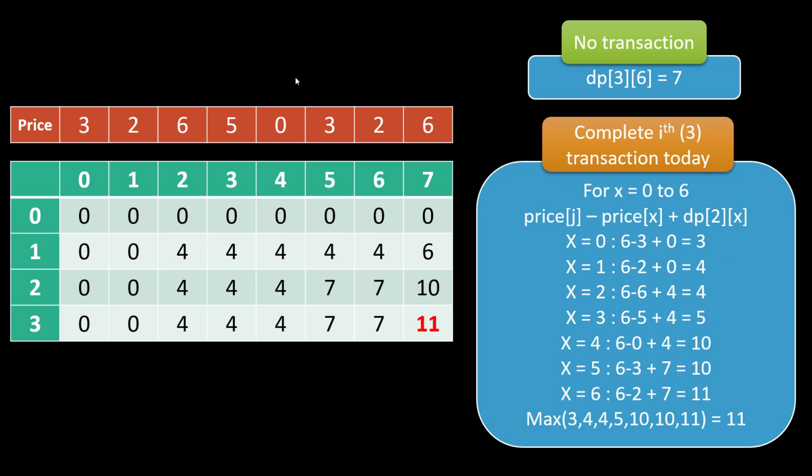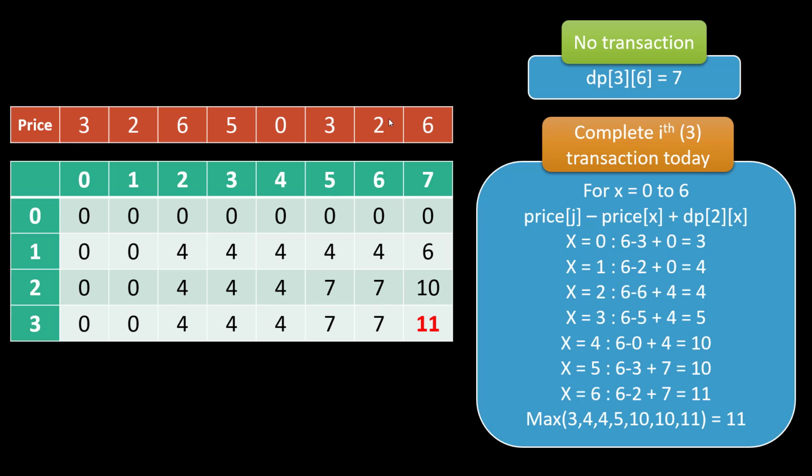Moving ahead, for day 4 I am buying at 0, selling at 6, that gives me a profit of 6, and the previous profit was 4, so total profit becomes 10. For day 5, I am buying at 3, selling at 6, giving me a profit of 3 from the current transaction, and my previous profit was 7, that gives me a total of 10.